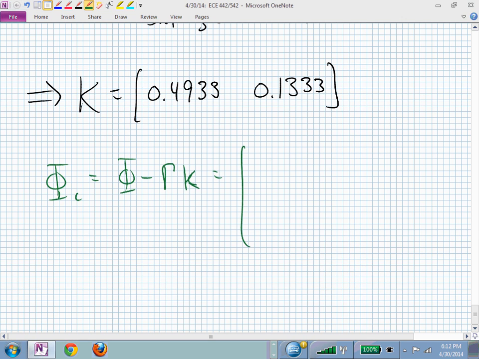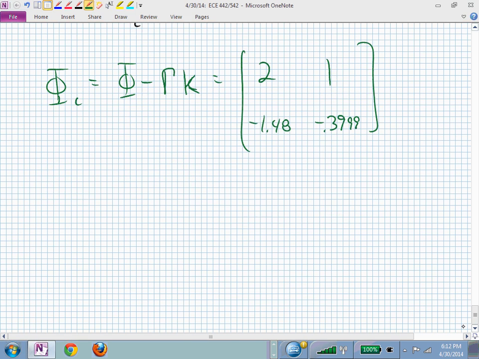And if you do that, we are not touching the top row, but in the bottom we end up with minus 1.48, and we have minus 0.3999. Obviously I have some rounding here, but that's close enough. And if I compute the eigenvalues of phi sub c, those end up being where I thought they should be, 0.8 plus and minus j 0.2.